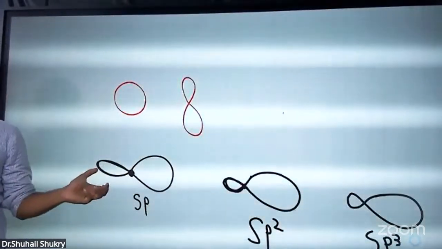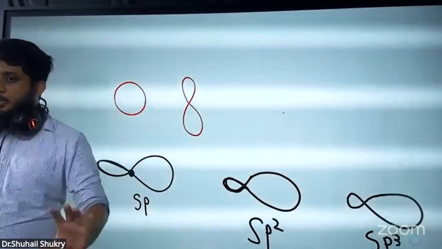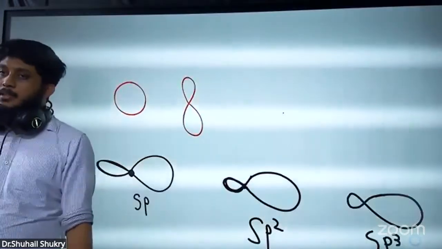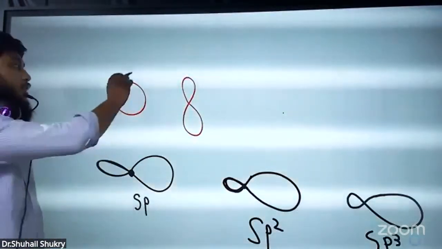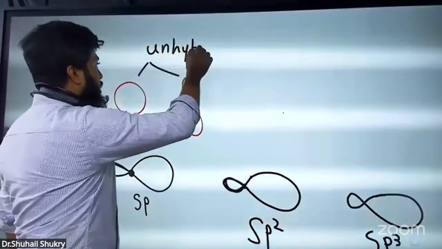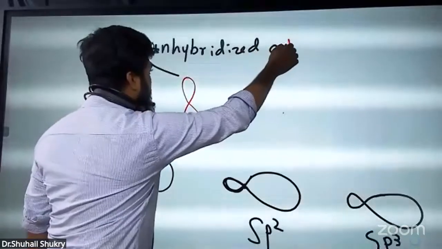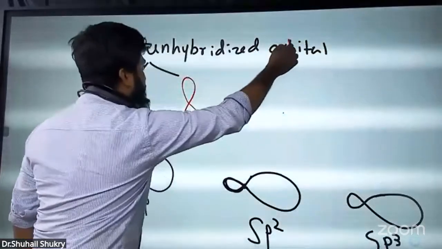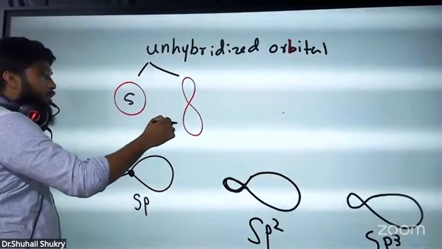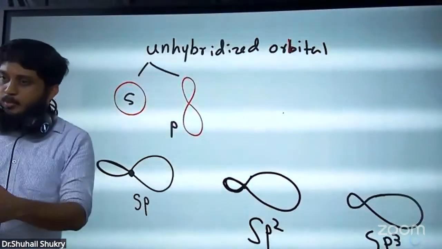Again, now you can see this is s and p. When it hybridizes, it will take a fish-like shape. So when you see a picture, you should understand whether these are unhybridized orbitals. Unhybridized orbital means these are in pure form. Pure form means this is only an s orbital, this is only a p orbital. So when it hybridizes, what happens?